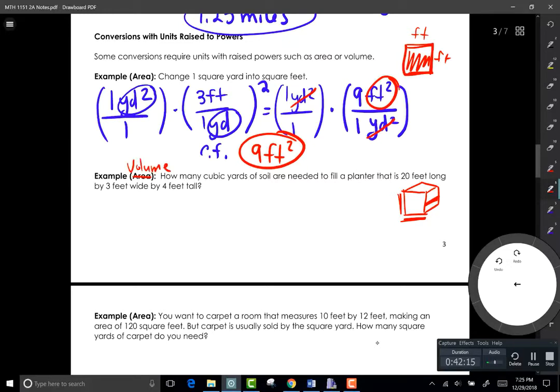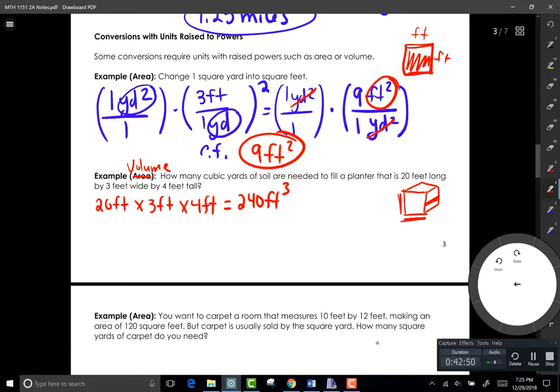Okay, so the next example says, how many cubic yards of soil are needed to fill a planter that is 20 feet by 3 feet by 4 feet? And I need to change this to cubic yards. So if I take 20 feet by 3 feet by 4 feet, when I multiply that all together, I'm going to get 240 feet cubed.